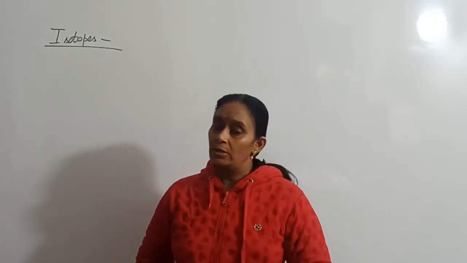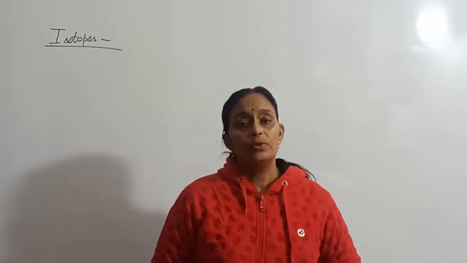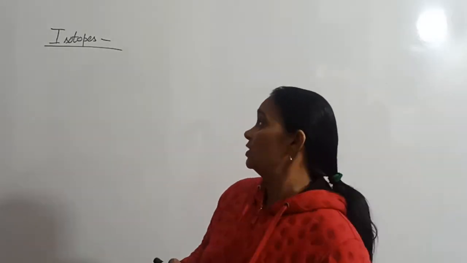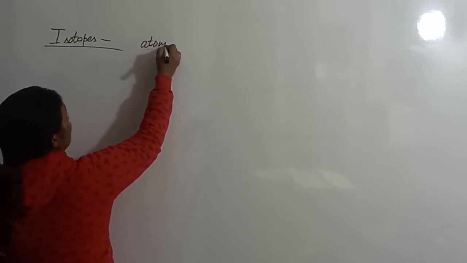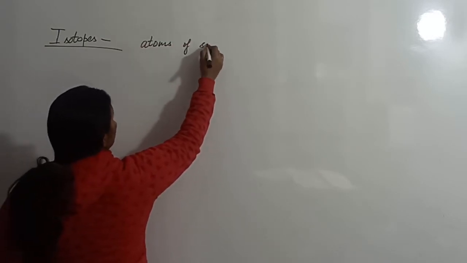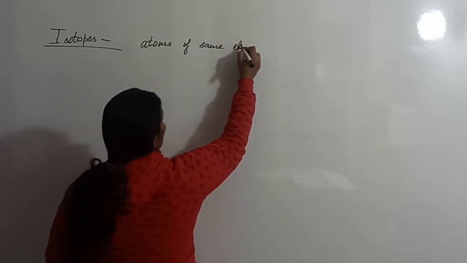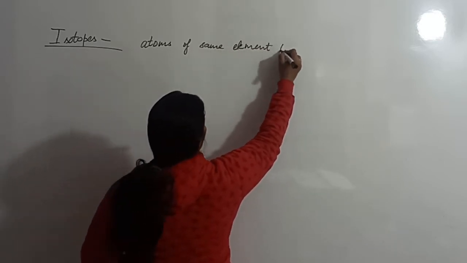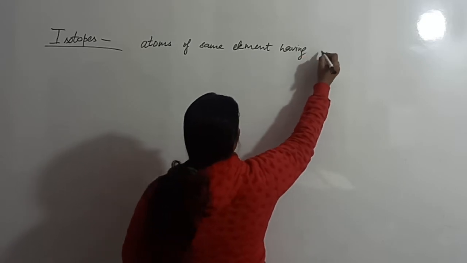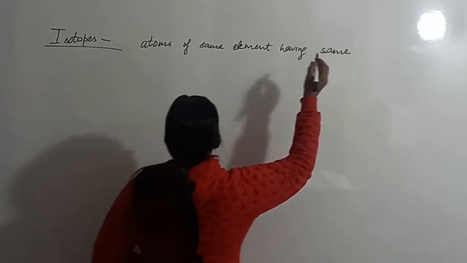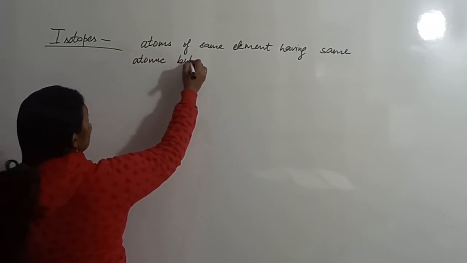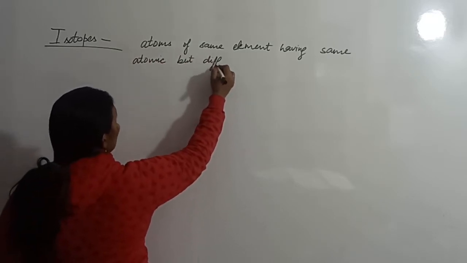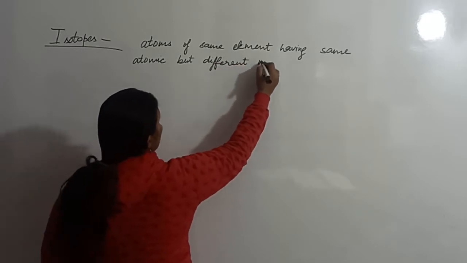Okay children, the next topic which we are going to discuss today is isotopes. If we talk about isotopes, we can define them as atoms of the same element having the same atomic number but different mass number.